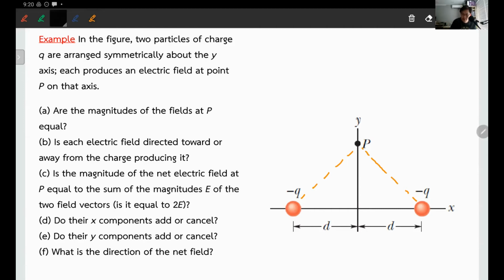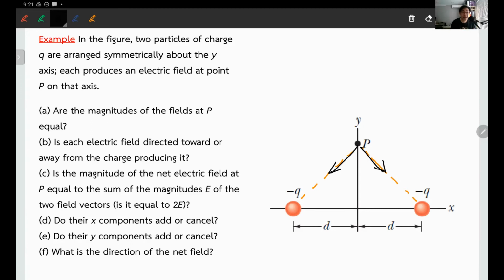So for the left side charge, the field will point towards it. You guys with me? That's a negative Q, so the field points towards the negative charge. Same thing on the right: there will be a field pointing towards it. Okay, sounds good.